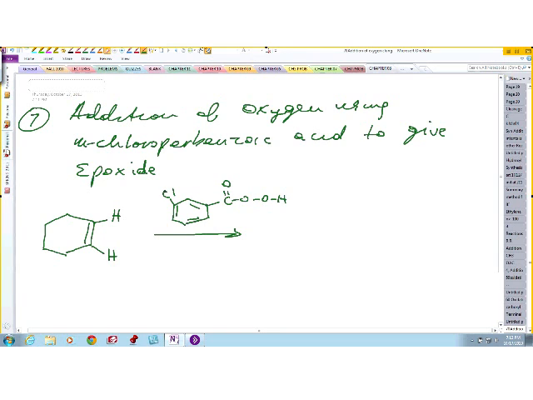We generally abbreviate m-chloroperbenzoic acid as MCPBA. So if you don't want to write this structure here, just write MCPBA. What it does is to add oxygen across the carbon-carbon double bond to give what we call an epoxide.